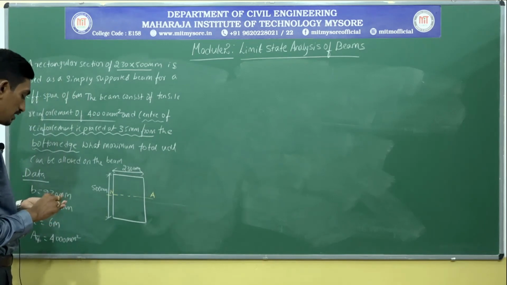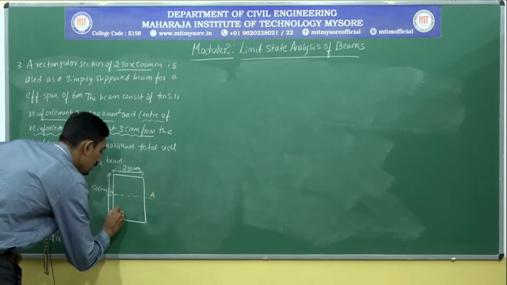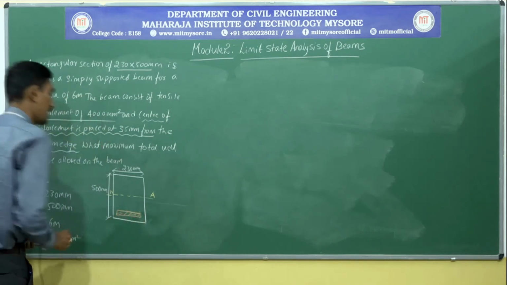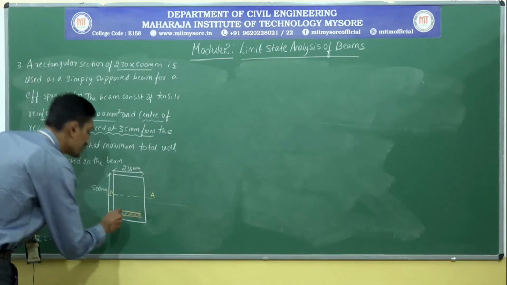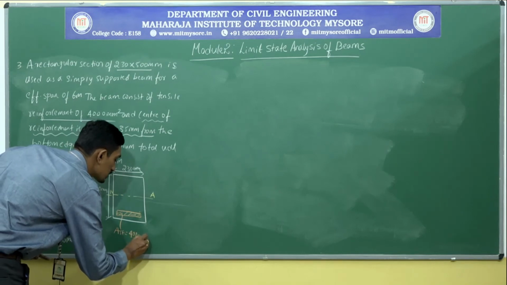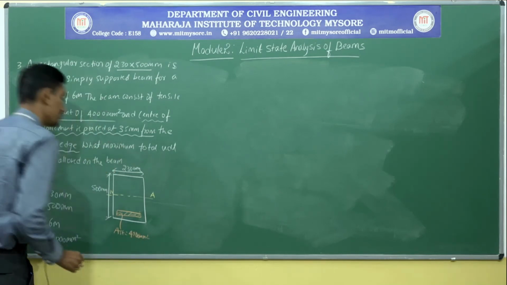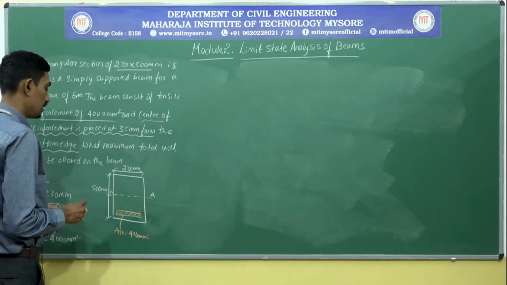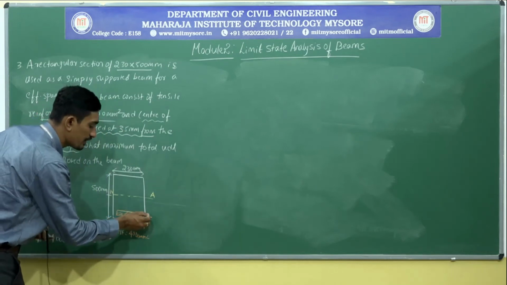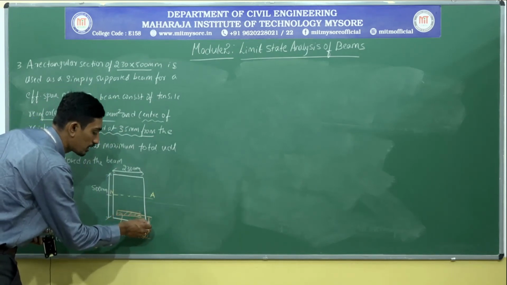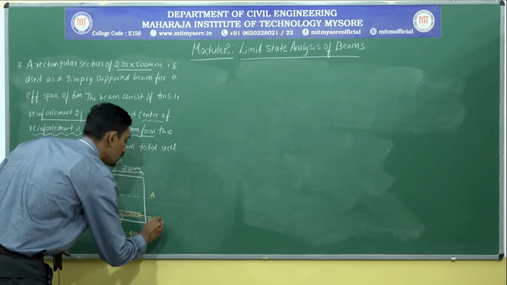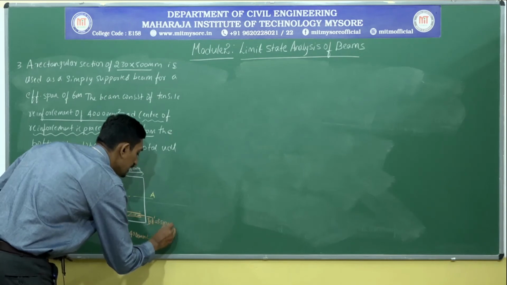Then they have provided reinforcement of area 4000 millimeter square. Then the distance from the center of reinforcement to the bottom edge of the beam is the effective cover d dash equal to 35 millimeter.